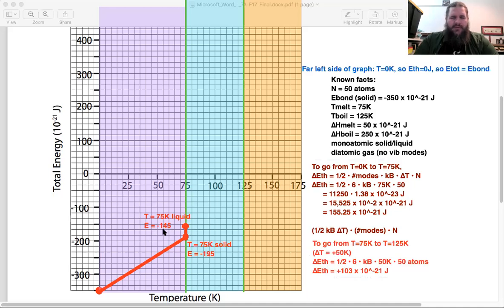So we are at negative 145. We increase by 103. Negative 145 plus 103 would be negative 42. So our next stopping point would be temperature equals 125 in liquid form, and energy equals negative 42 times 10 to the negative 21 joules. Make that a different color. That's going to be difficult to see.